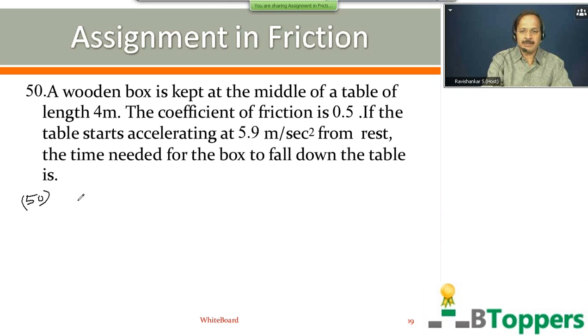The coefficient of friction is 0.5. The table starts accelerating at 5.9 meters per second square from rest. The time needed for the box to fall down the table is.